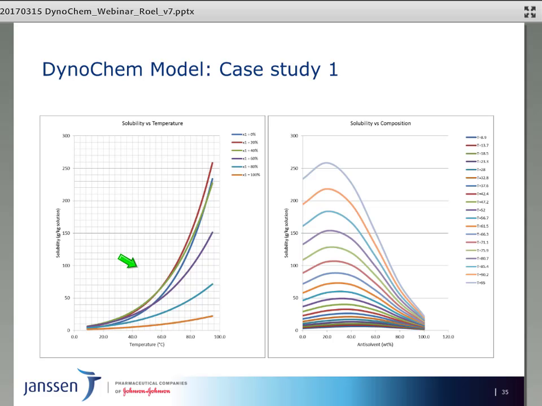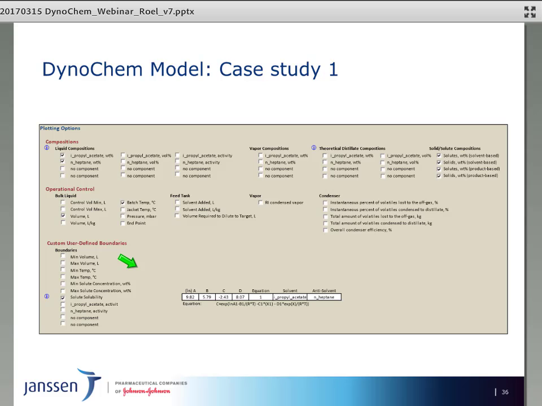We regress the solubility via one of the 6 solubility expressions, and the resultant solubility curves are shown here. So that will then be copied. So you copy the 4 parameters of that specific solubility expression into the solvent switch user input sheet.